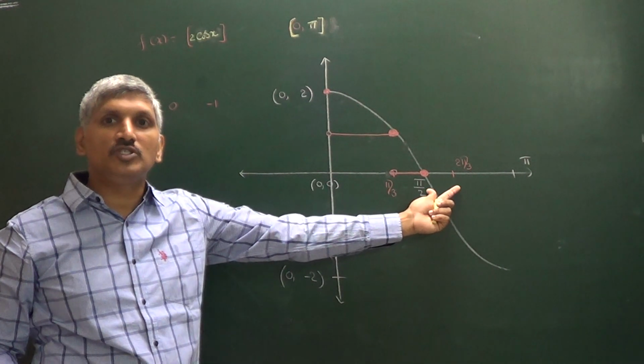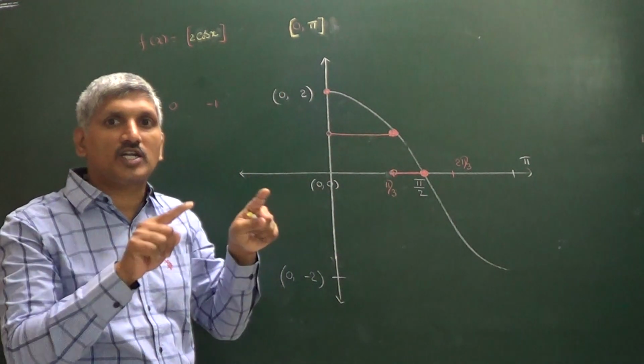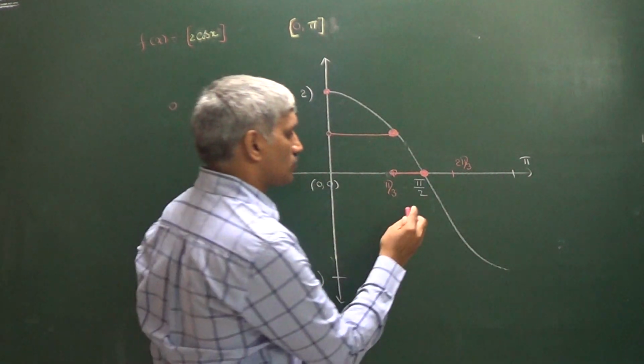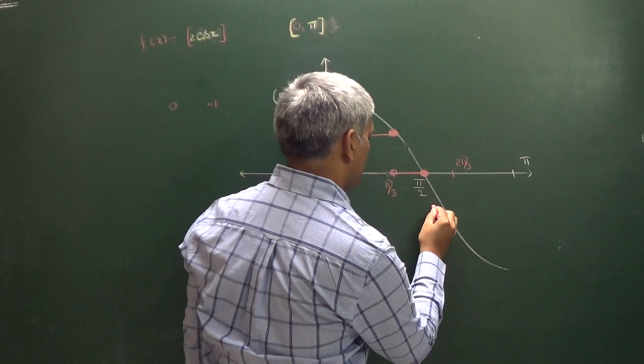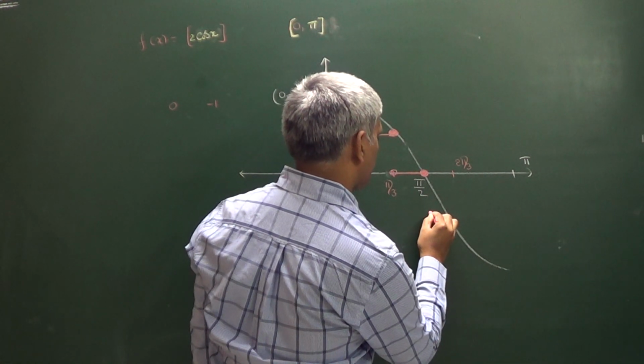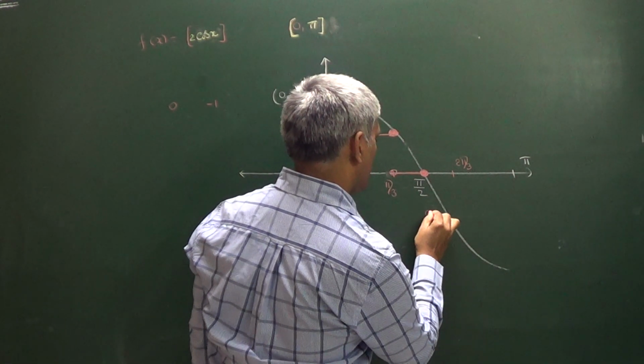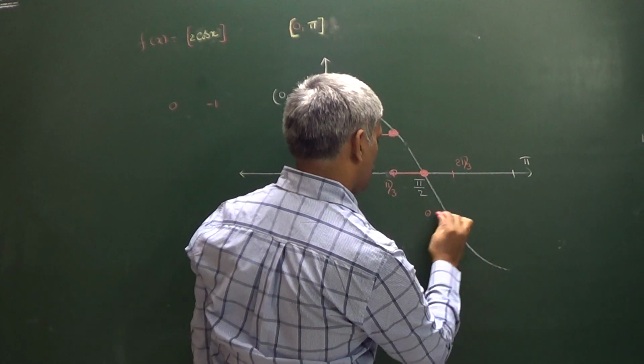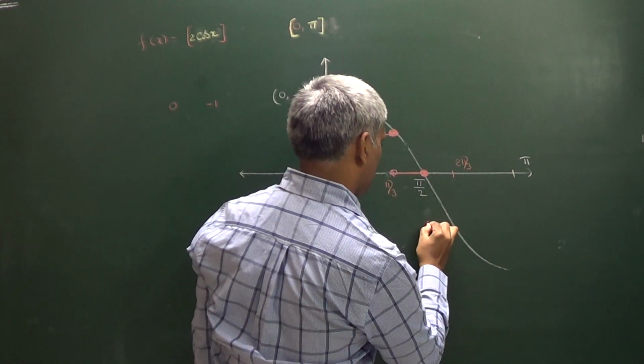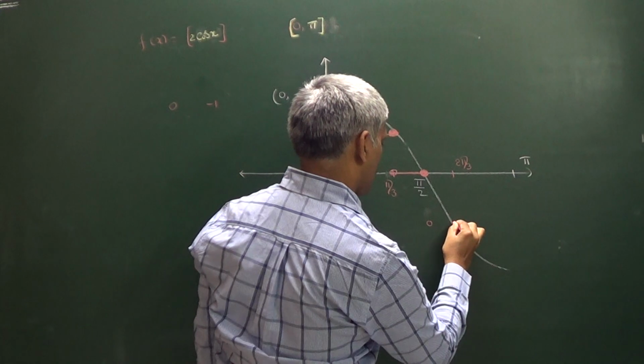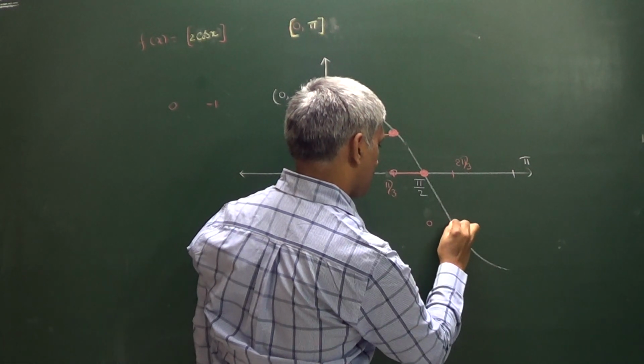When it lies between 0 and minus 1, integral part is becoming minus 1. That's why you will get here minus 1. Go here, empty circle exactly at 2 pi by 3.